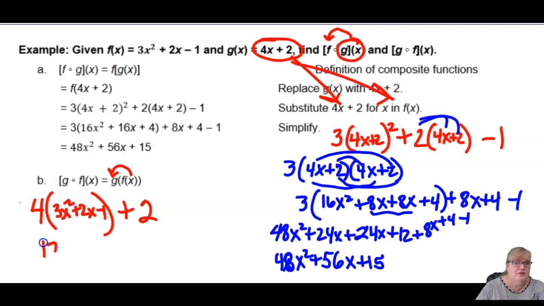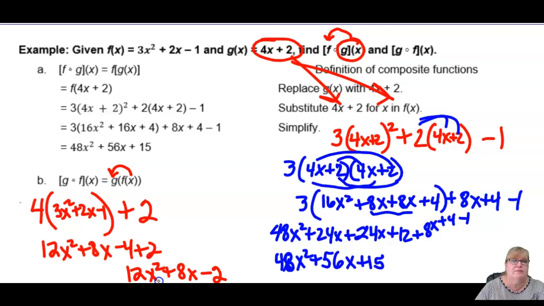Yay. If we distribute, we get 12x squared plus 8x minus 4 plus 2, which simplifies to 12x squared plus 8x minus 2 when we combine those like terms at the back.